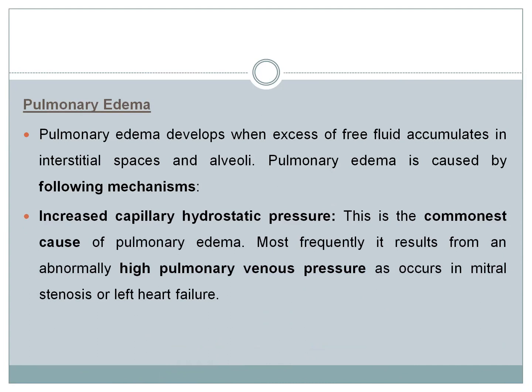There will be increased capillary hydrostatic pressure, which is the commonest cause of pulmonary edema. Whenever capillary hydrostatic pressure is increased, there is pulmonary edema, most frequently from an abnormally high pulmonary venous pressure, which is commonly seen in mitral stenosis or left heart failure.